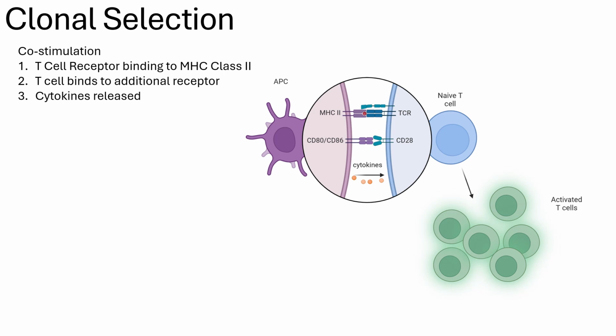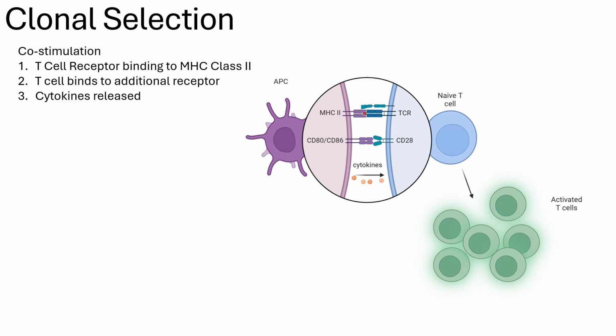This co-stimulation protein ensures that we're not going to induce an immune response when there's no pathogen present. In fact, these co-stimulation proteins play a big part in autoimmune responses where an immune response is elicited but no pathogen is present. Basically, co-stimulation is just the T cell making 100% sure that it should go ahead and clone itself.